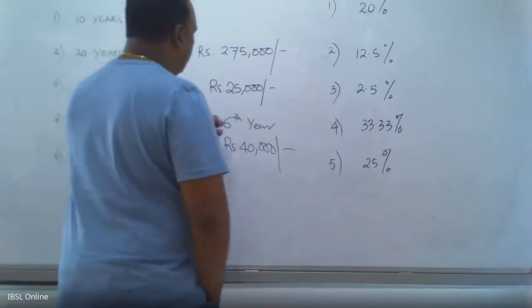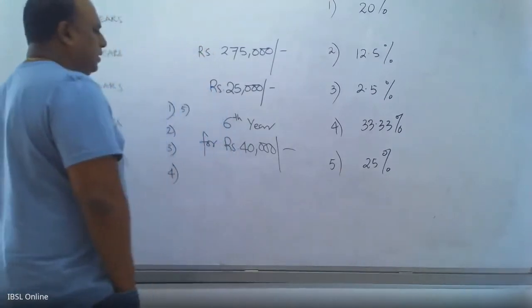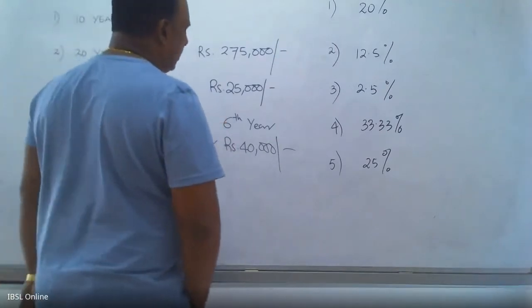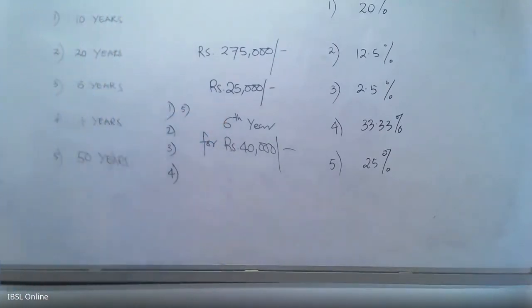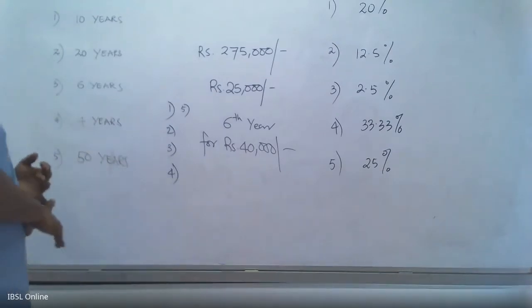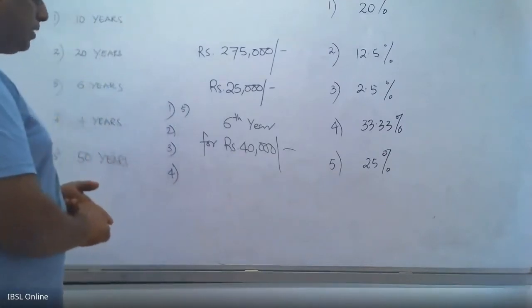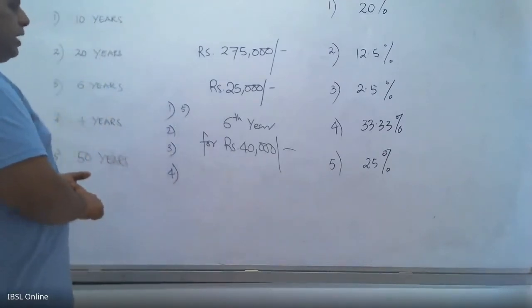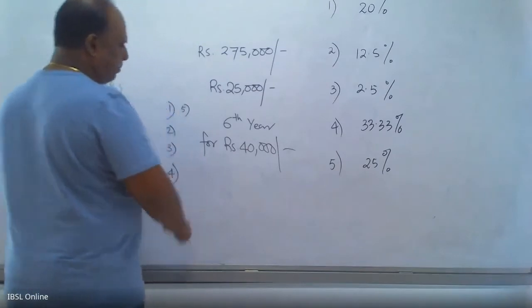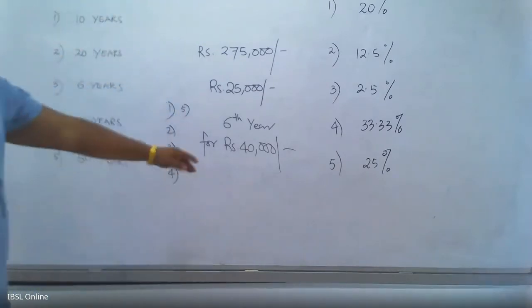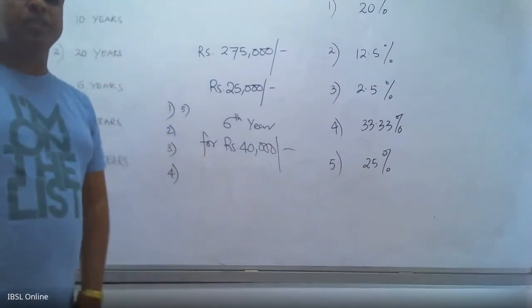But in the 6th year, they give it to another company for 40,000. So I have asked you 5 questions: the depreciable amount, the residual value, the depreciation rate, the annual depreciation, and the impact when they give it at 40,000.